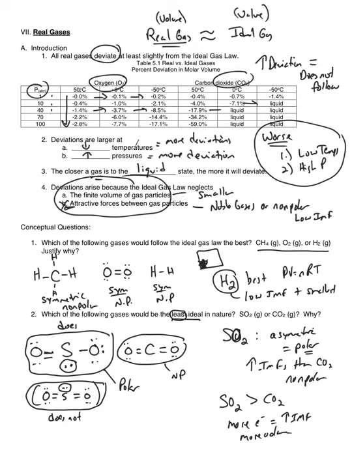So that approximation of a gas not taking up as much space is worse with sulfur dioxide because as a bigger compound, it's going to take up more room. So they could ask you what 2 reasons explain why sulfur dioxide does not follow the ideal gas law as well as carbon dioxide. It's bigger, so it takes up more room than it should, and it's polar, so it has more IMFs than carbon dioxide.